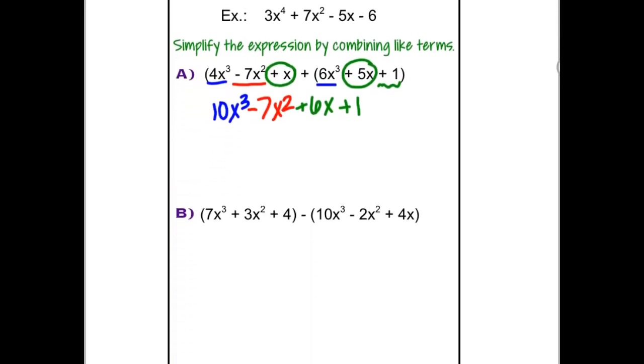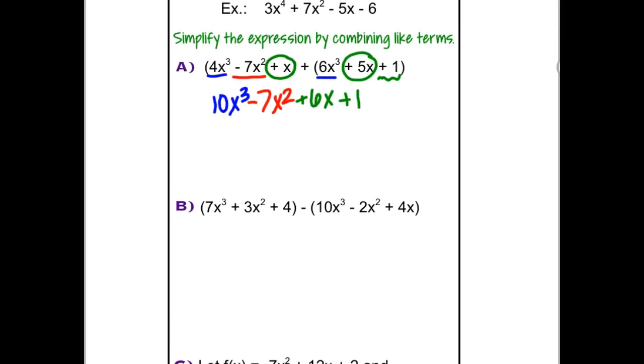Now let's take a look at subtraction. That's where the parentheses come in handy and are very important. When we have a quantity minus a quantity, remember, we're subtracting this entire quantity. That means we have to distribute that negative or that minus sign to everything and rewrite.